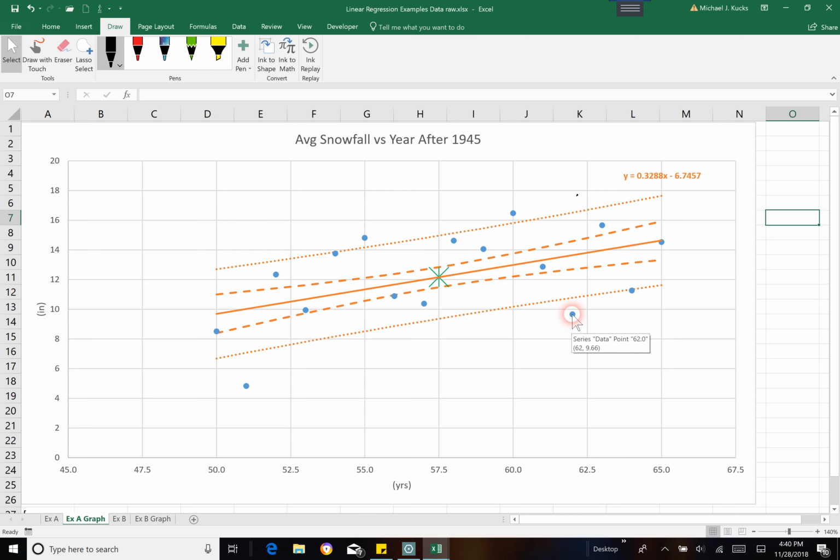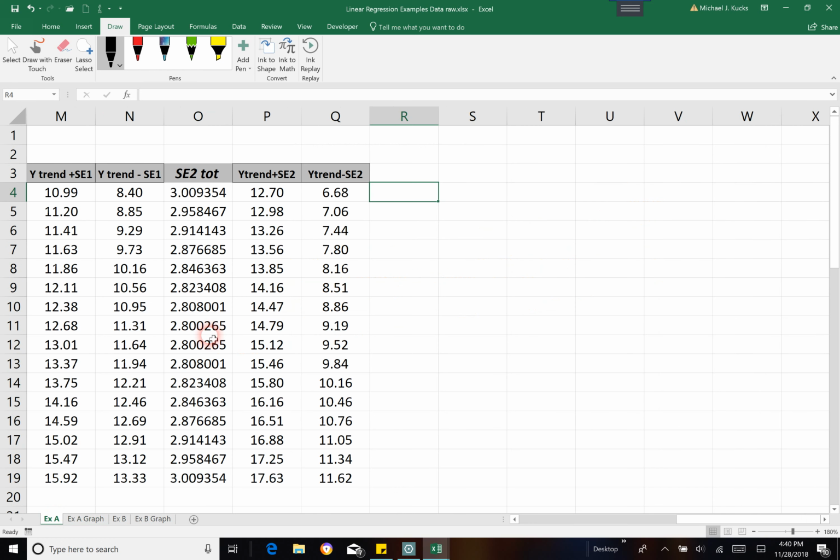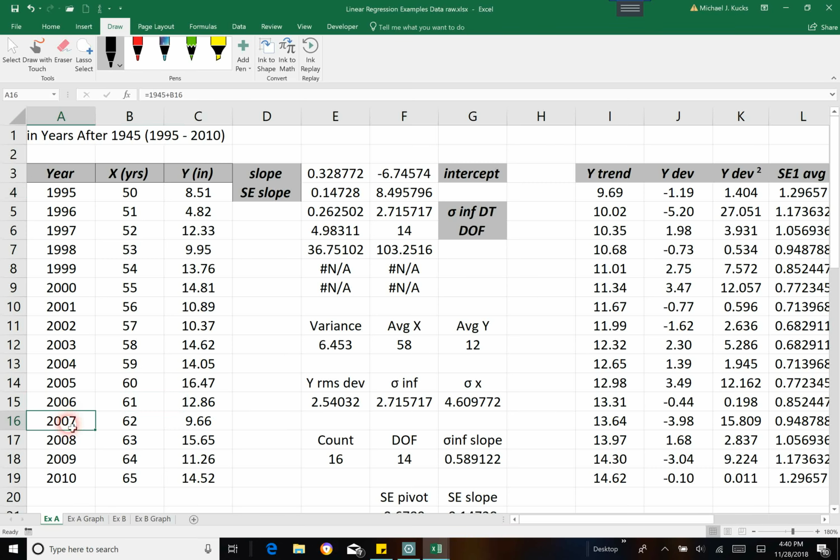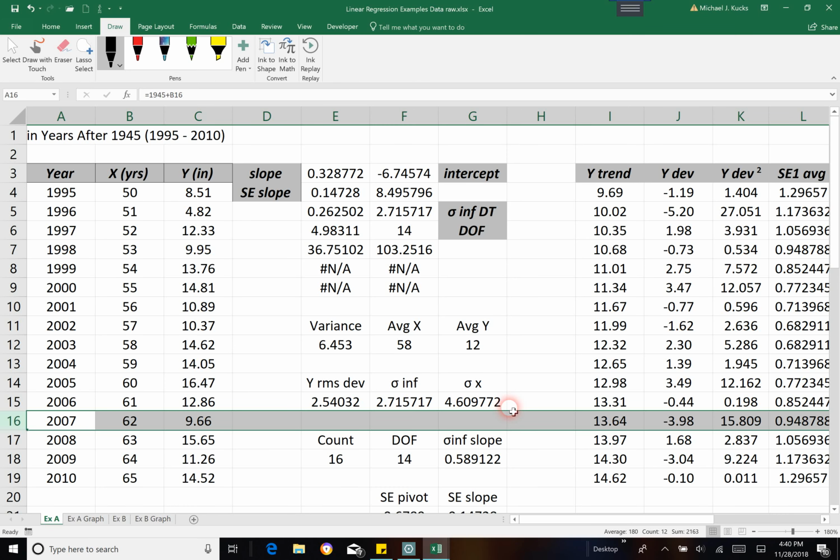What average snowfall would we expect for the whole year? Well, in 2007, we go right back here and we can say in 2007, that's right here, right? Our model predicts 13.64 inches of snowfall, average snowfall, okay? And that's the center of our distribution.